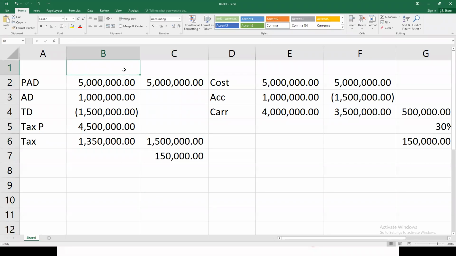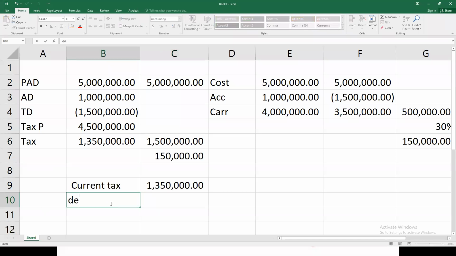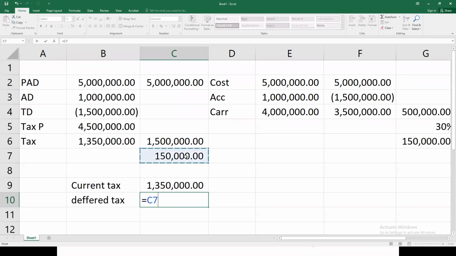Anyone? Debit current tax, which equals 1.35 million, and deferred tax 150,000, right?